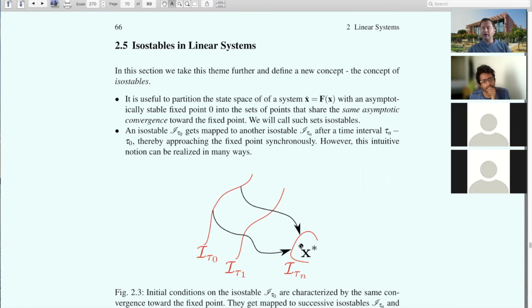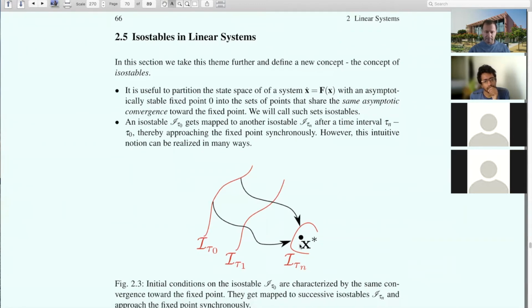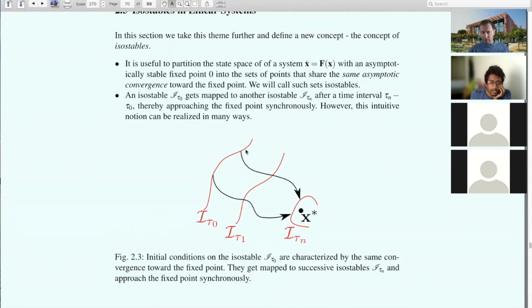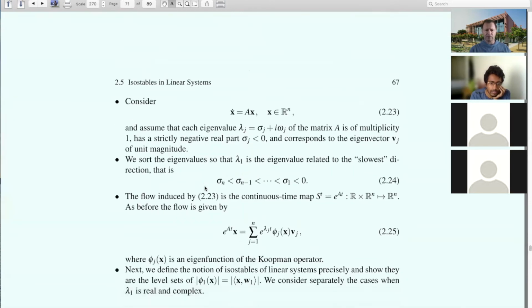And so we are going to require that the approach to the equilibrium point is somehow dynamically consistent. And we are going to call these curves isostables, and we are going to label them with this calligraphic I, with a subscript that indicates the time itself. So let's go to that definition.